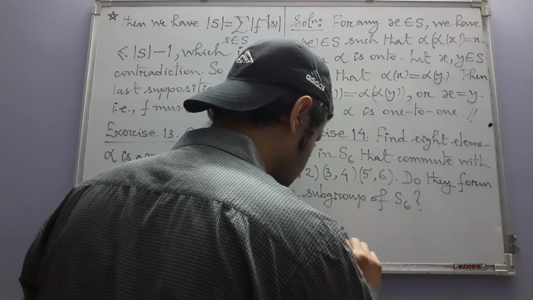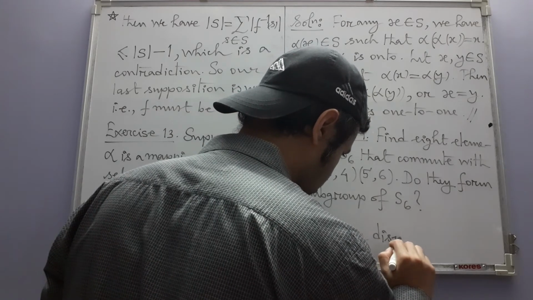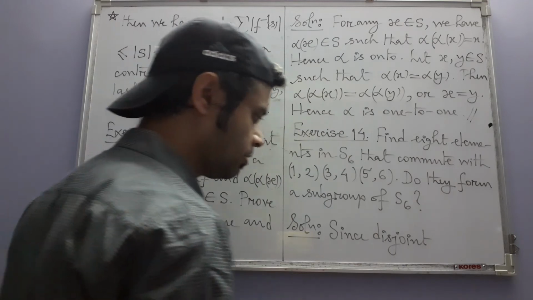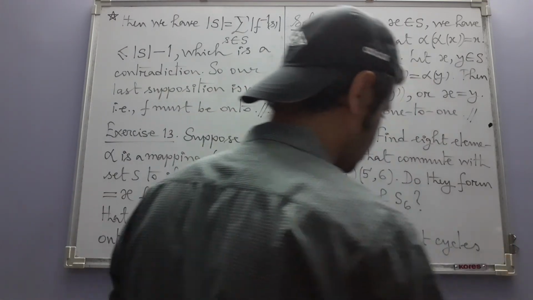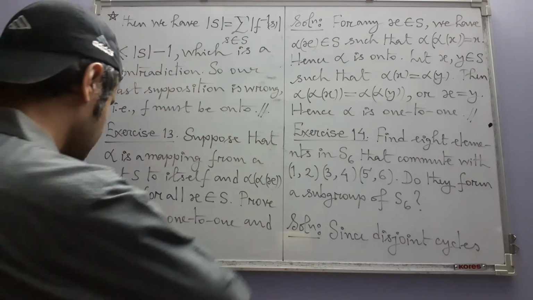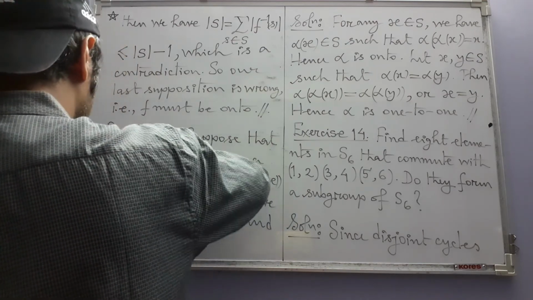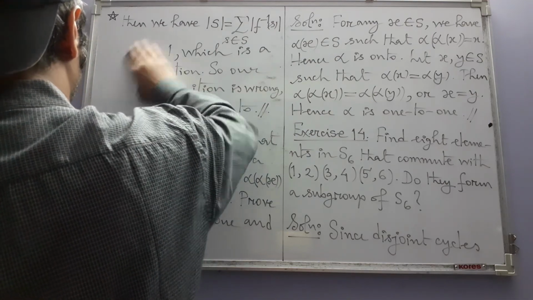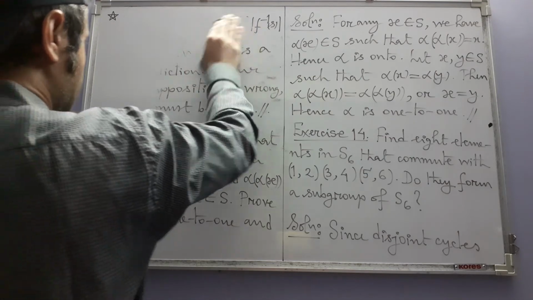Since disjoint cycles commute, which is obvious, or you can take two disjoint cycles, that is cycles where there is no common symbol, and convince yourself why they commute.